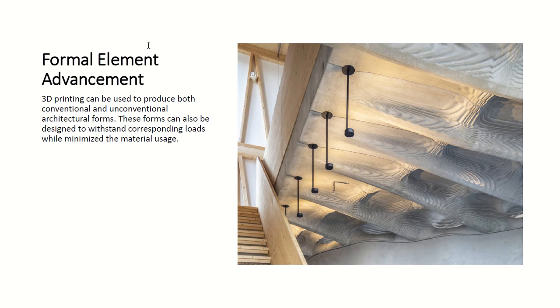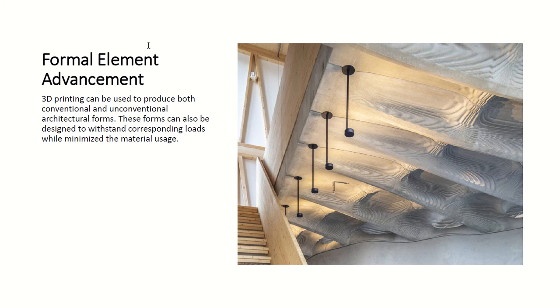Moving into how we develop and advance formal elements in architecture, using 3D printing, which has probably been one of the bigger breakthroughs and is still reaching its higher limits, 3D printing can be used to produce conventional forms in architecture, like slabs and walls that can be designed correctly to withstand corresponding loads and use as little material as possible, and then also add an unconventional twist to these architectural forms that break the barrier of forms that we know today.